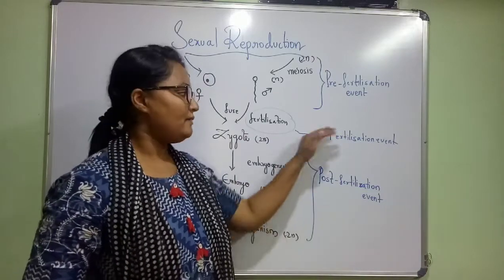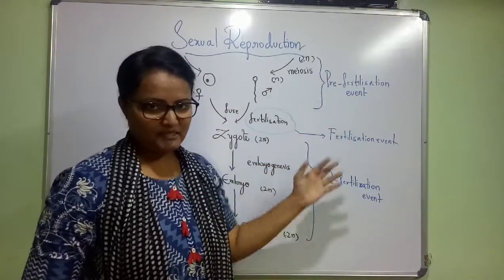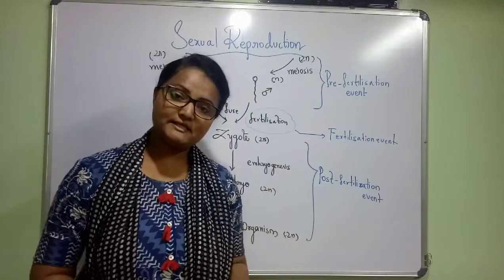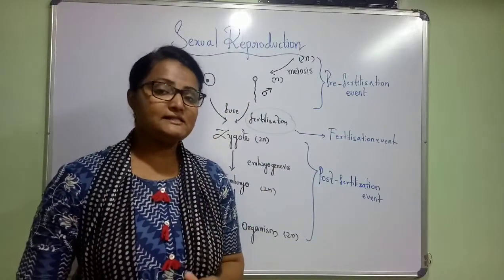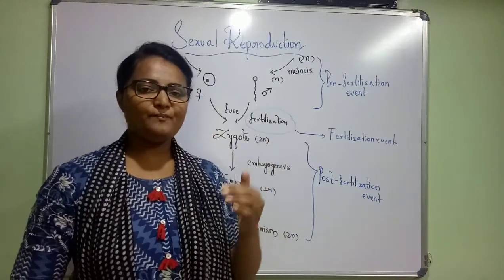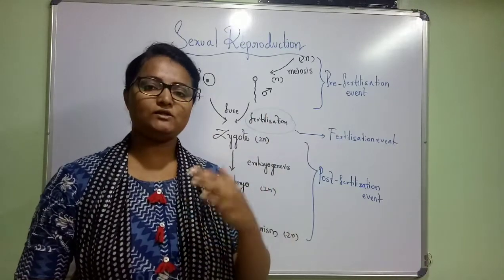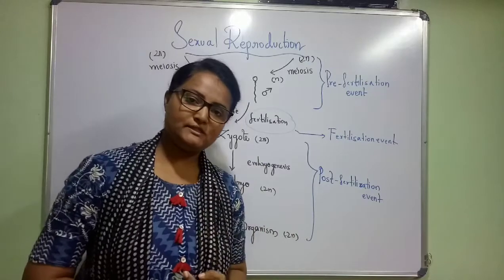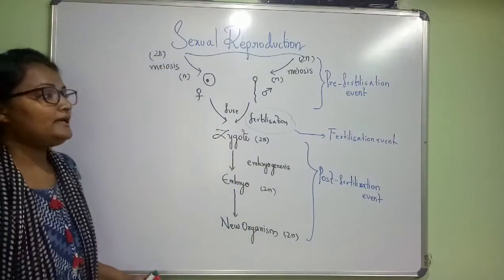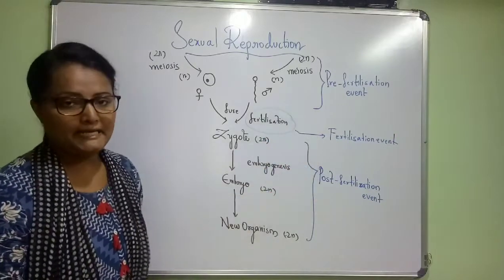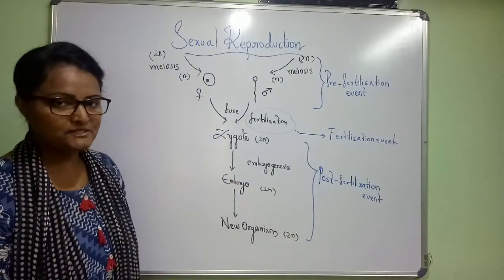What happens before the fertilization and after the fertilization, what all things happen. So we can say sexual reproduction is a complicated process and also a slow process. We'll go through the events one by one, in depth and in detail.